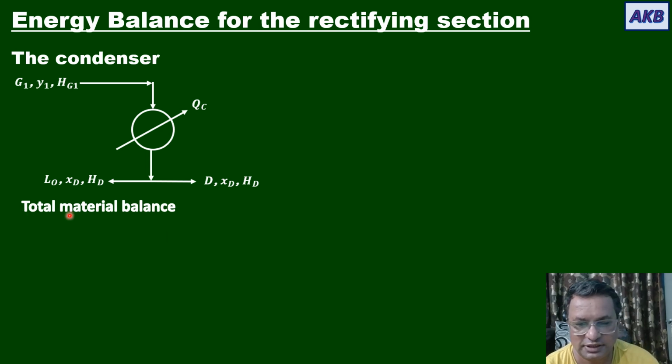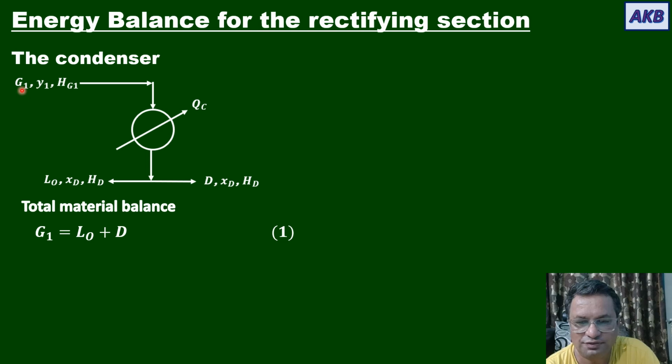So let us first understand how to write total material balance. I have already discussed this while discussing material balance for tray column in one of my previous videos. You please watch that video. So total material balance will be: material is coming along with the stream into the condenser, and it is going out along with the two streams.